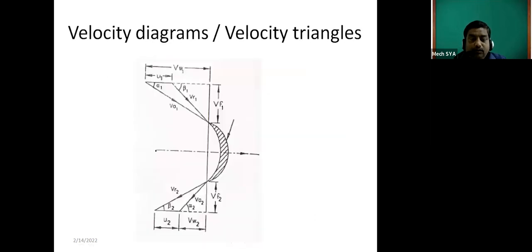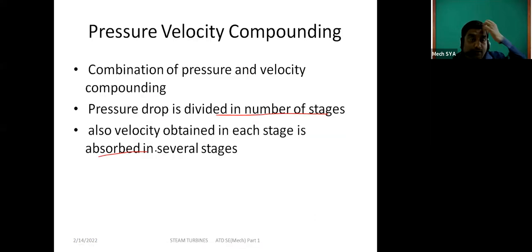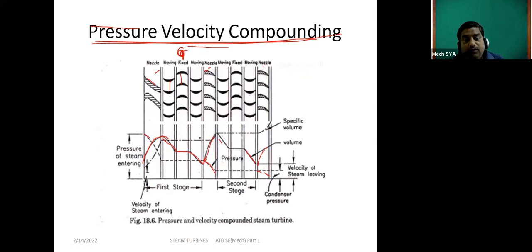By arranging different nozzles, pressure is continuously decreasing throughout the stages, and by arranging more sets of moving blades, the velocity goes on decreasing.